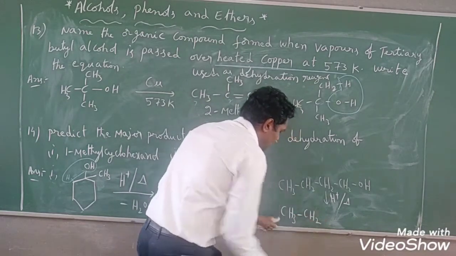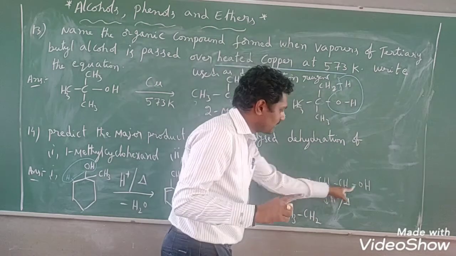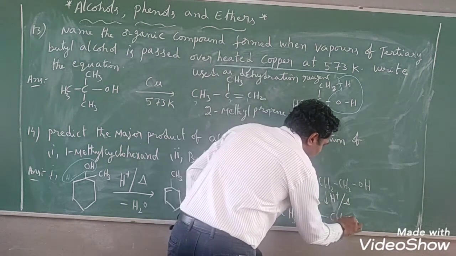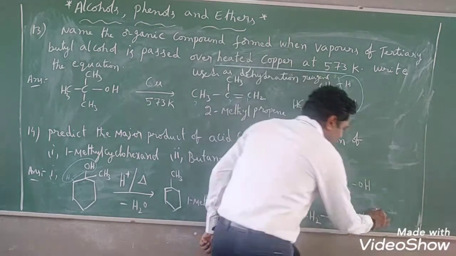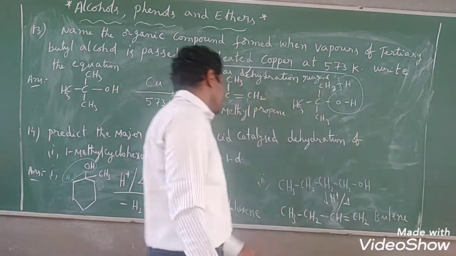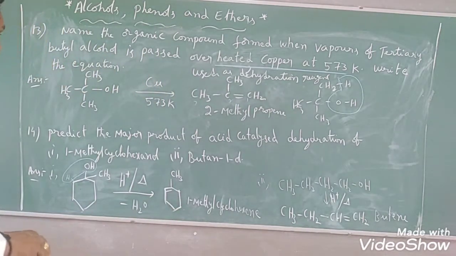CH3, CH2 as it is I have written, from beta carbon one hydrogen, from alpha carbon OH removed as water molecule. So that's why here you get CH double bond CH2. What is the name of this compound? Butene. Everybody knows. These are the products. Removal of water molecule. Okay? I hope everybody understood. Copy this one.